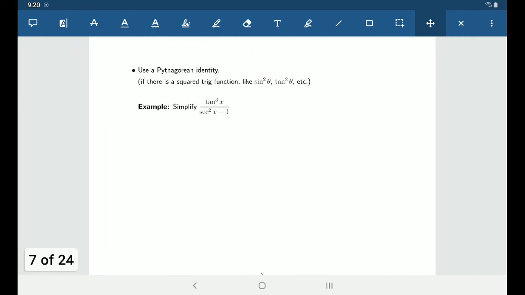Pythagorean identities. If you see a sine squared or a tangent squared or any trig function squared, that's your tip-off to think about a Pythagorean identity, especially if you see things like tangents and secants in the same equation. Your Pythagorean identity relates those two, or sines and cosines, or cotangents and cosecants.